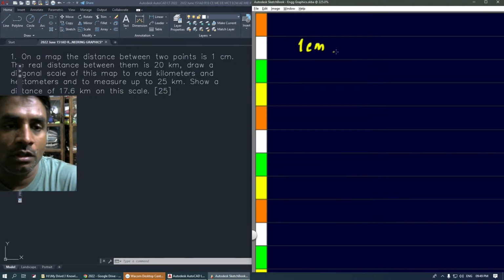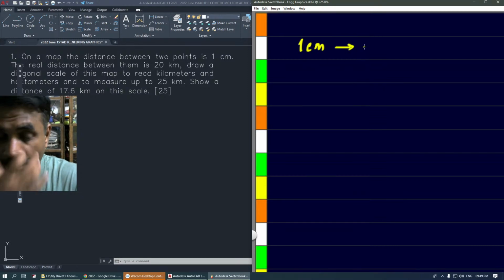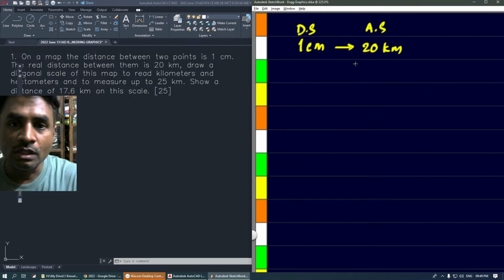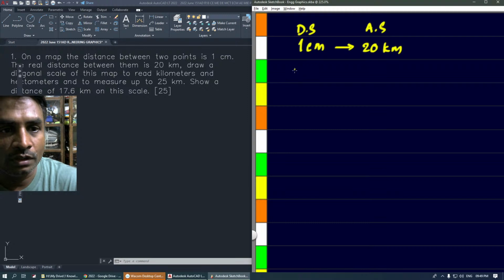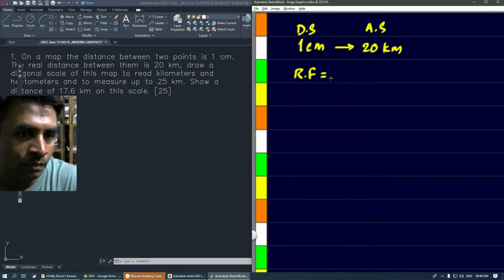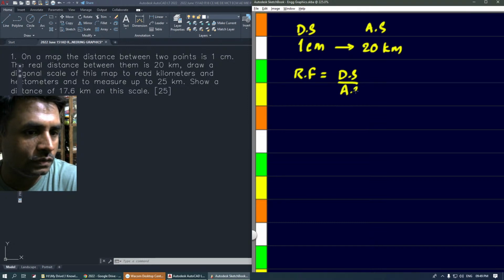So 1 centimeter on the drawing is equivalent to 20 kilometers in actuality. This is the drawing size, the DS, and this here is the actual size. Using this input, we can find the value of RF. Even though it's not been asked in the question, it's better if I find it out. RF is the drawing size divided by the actual size.